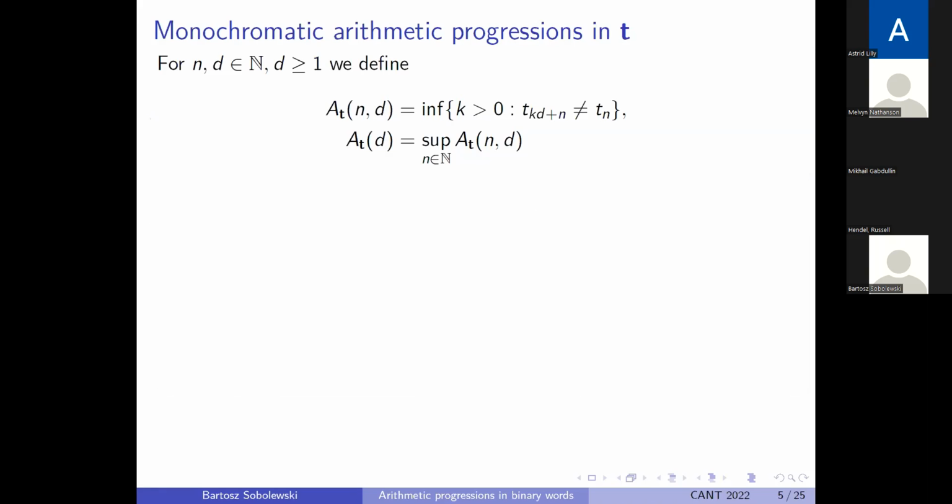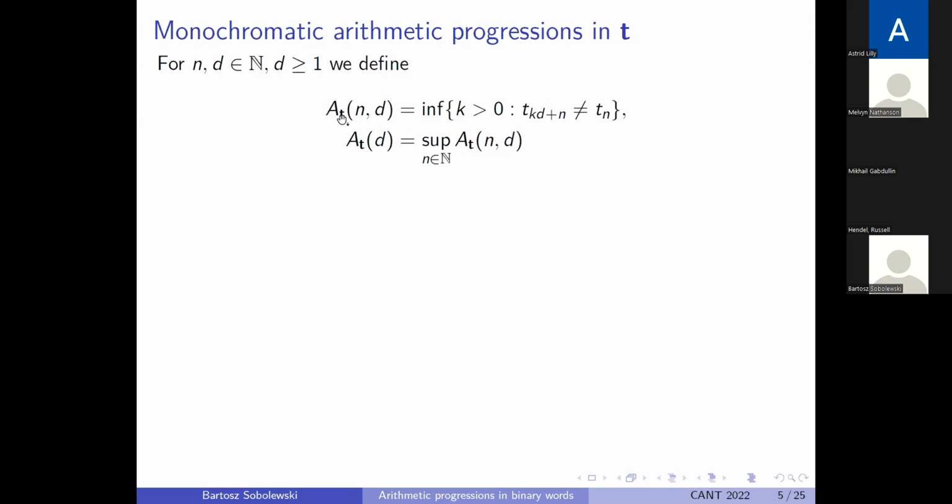And in order to give answers to the other posed questions, I will need some more notation. So for non-negative integers n and d, where d is greater than or equal to 1, we define the terms A_T(n,d) and A_T(d).